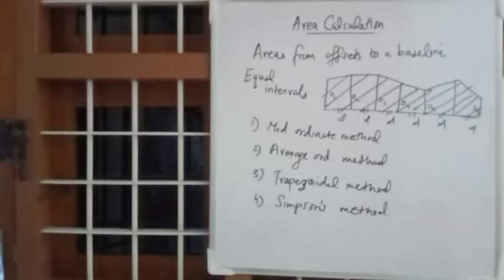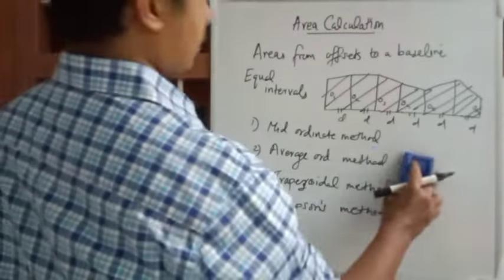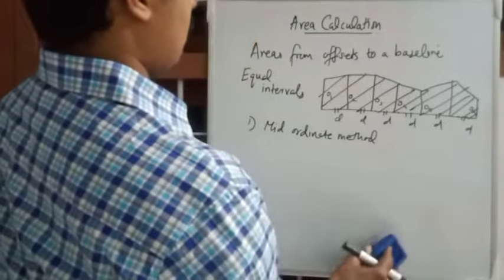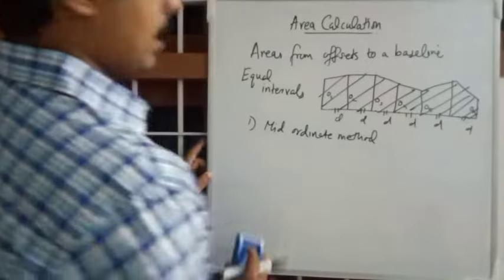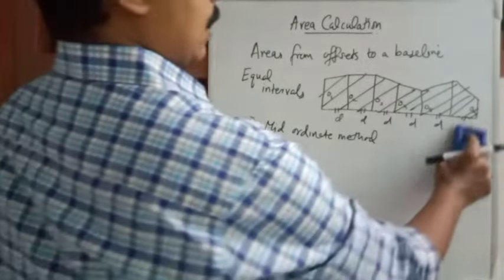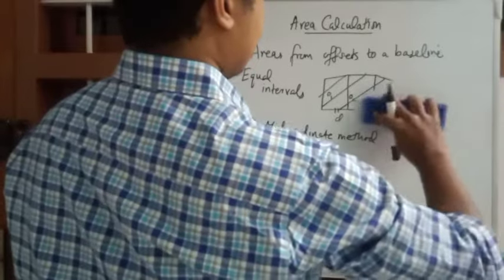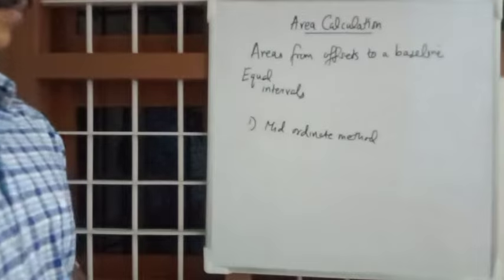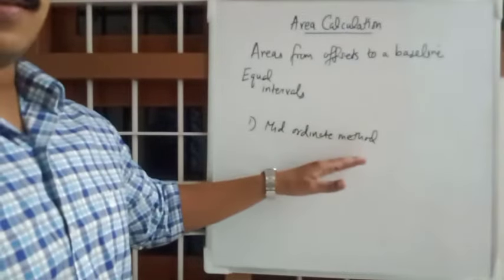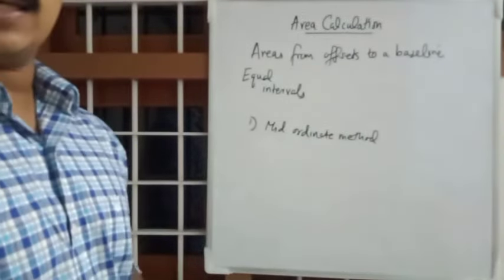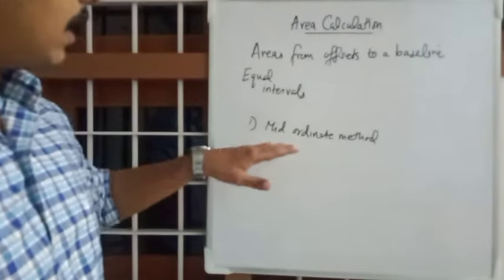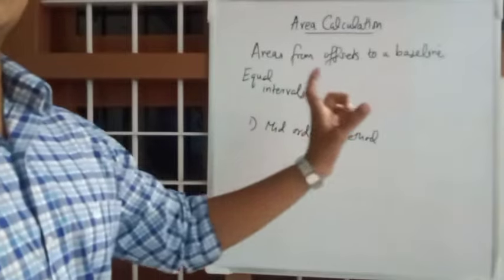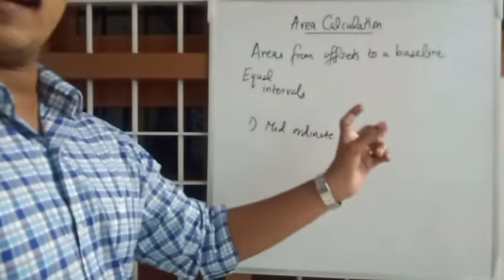So we are getting into the first one. In this one there is a slight change of measuring offsets with respect to all the three other methods. Only in the mid-ordinate method there is a special concern in taking offsets.